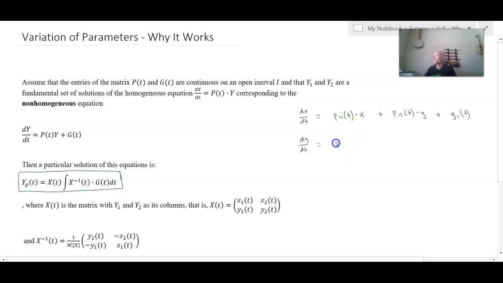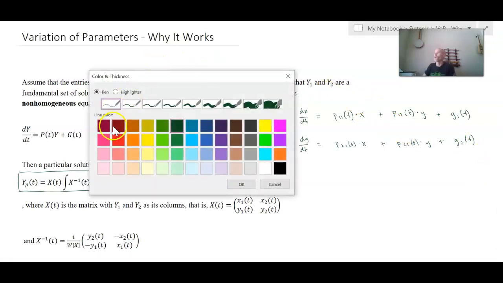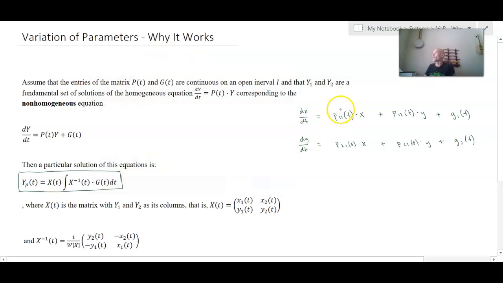The second equation would be p21 of t times x plus p22 of t times y plus some other function of t.